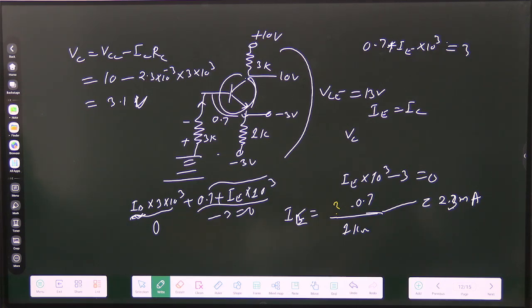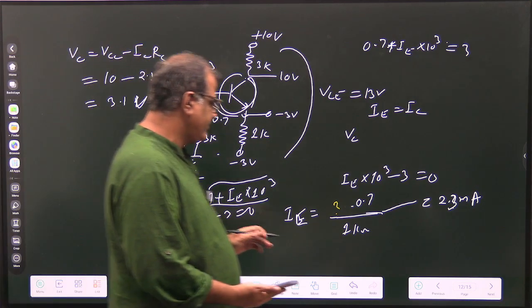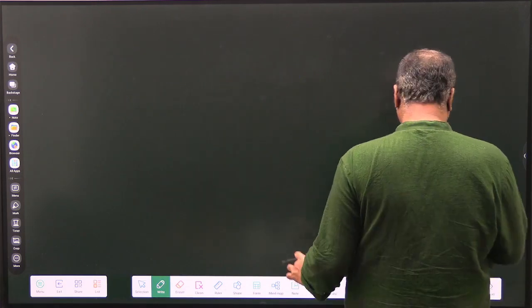Question number 6. Now this is asking the value of RB. In this question they have given you VCE.